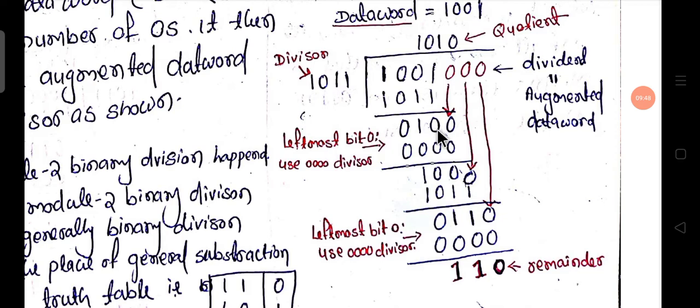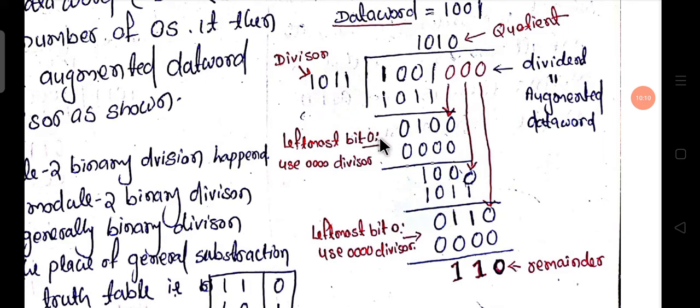Okay, then one concept: this is the dividend, this is also dividend. When the leftmost bit of the dividend is 0, then we cannot divide by that divisor.